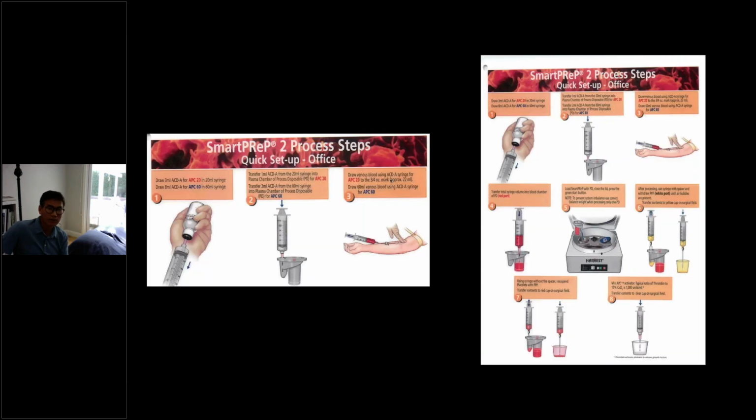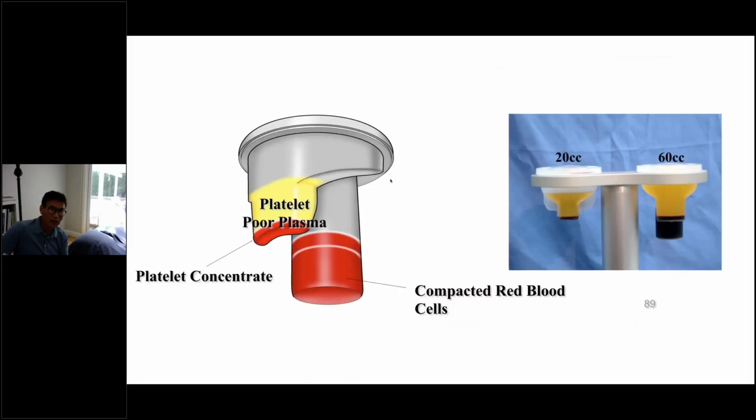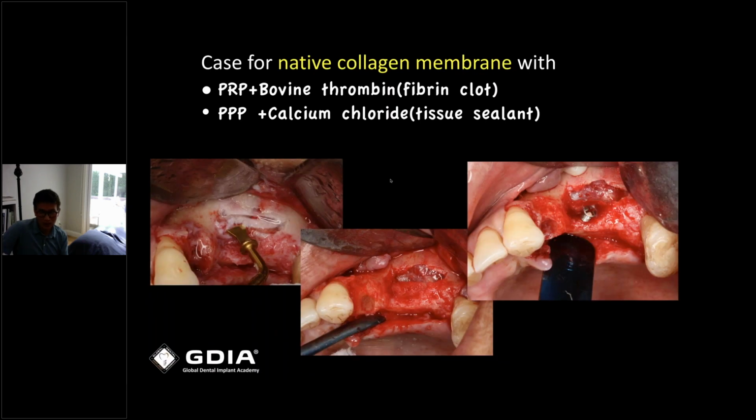So this is a smart clamp, and they spin down for cell separation, with very concentrated platelets. So we know that platelets have a lot of growth factors for either soft tissue or hard tissue regeneration.